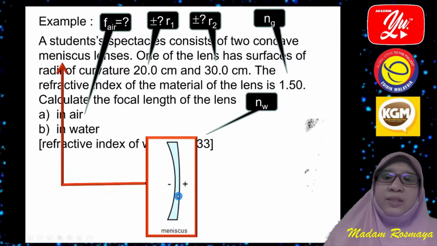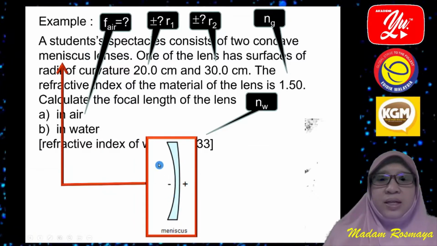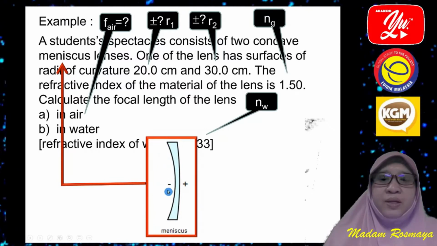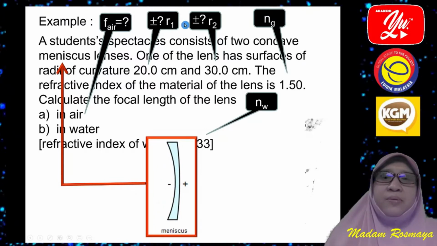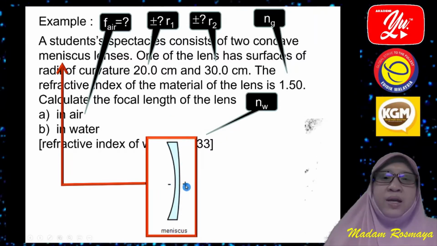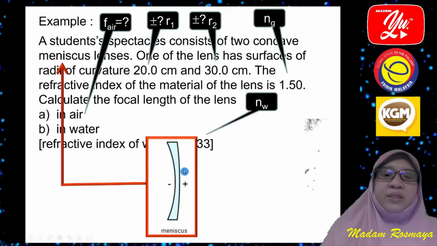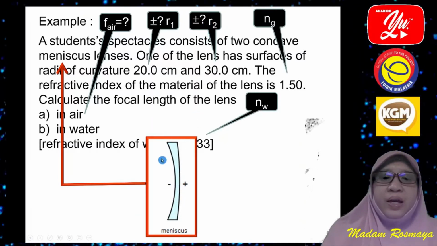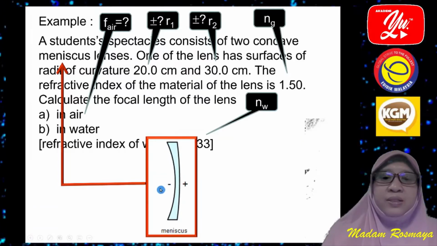For meniscus lenses, the side which has a concave surface has negative R, and a convex surface has positive R.